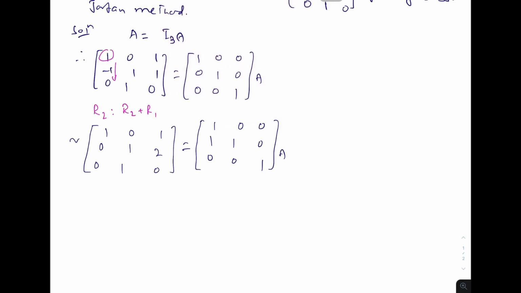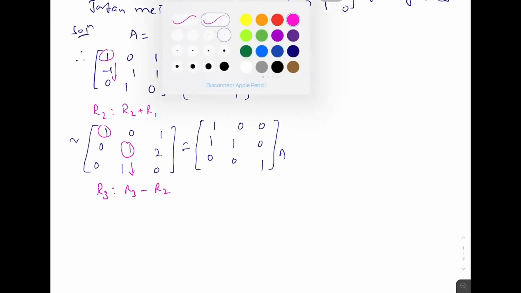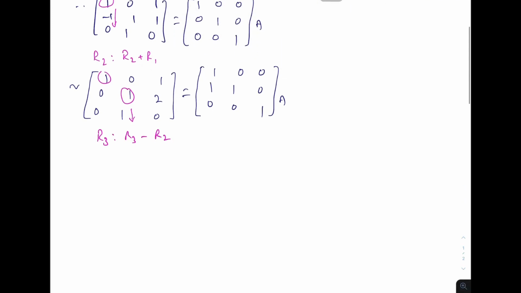Now here we are having already 1, so make this entry to be 0, so that will be R3 minus R2, and so we get, so 1 0 1 first row, second row no change, so 1 0 0, 1 1 0.